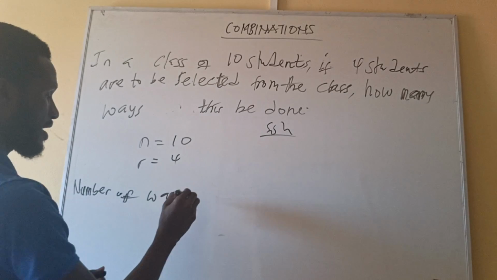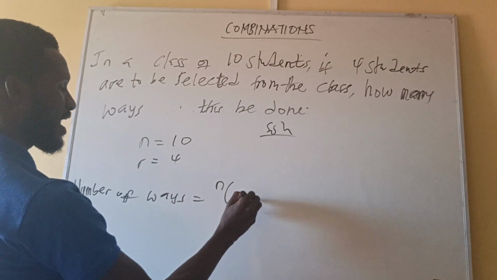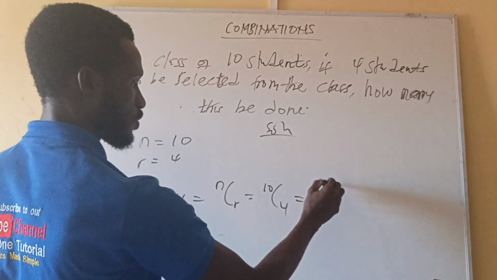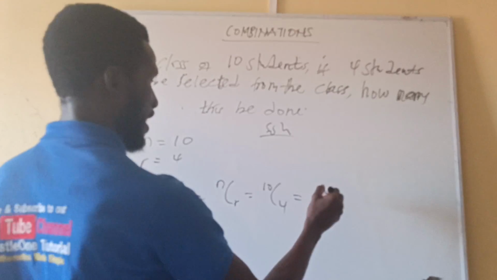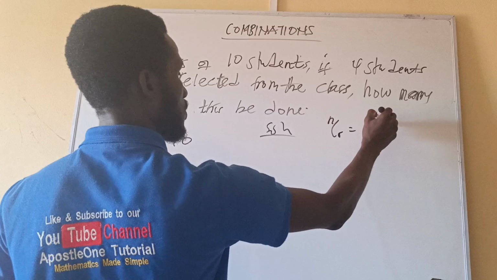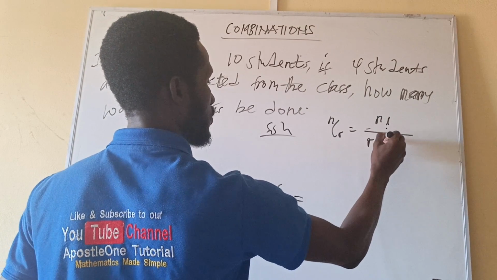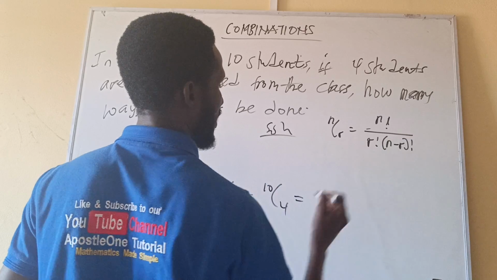So the number of ways this can be done is n combination r. What is n? n is 10, and r is 4. We are using the formula n combination r is equal to n factorial divided by r factorial times n minus r all factorial.